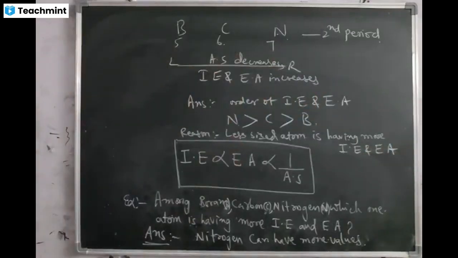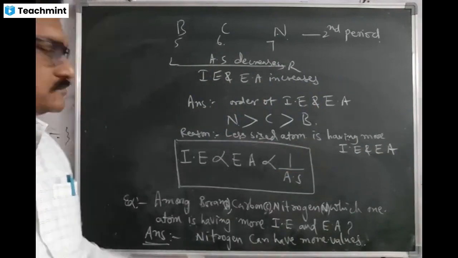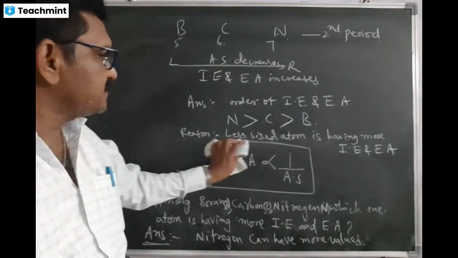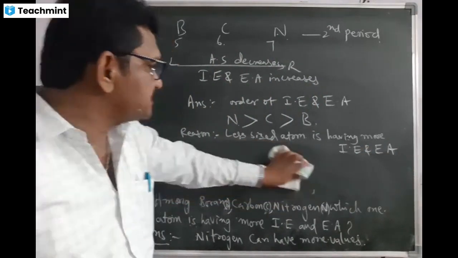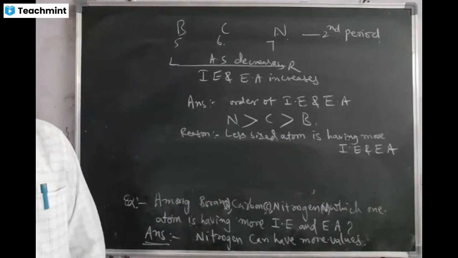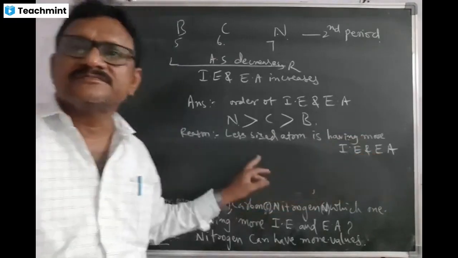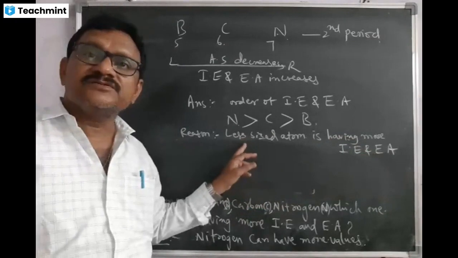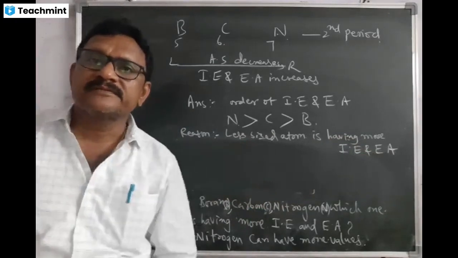Write down that one. Less sized atom is having more ionization energy and electron affinity. This point you should copy.